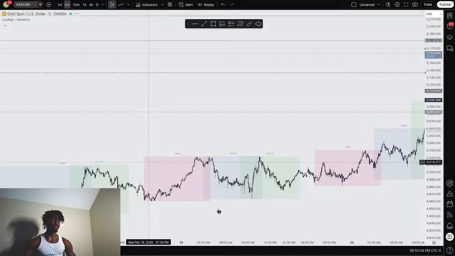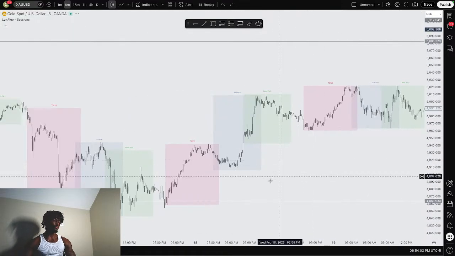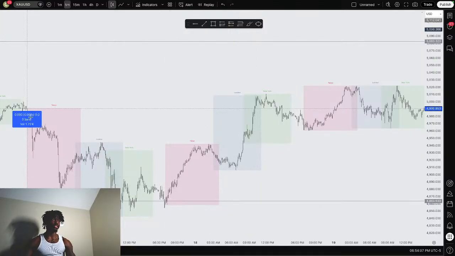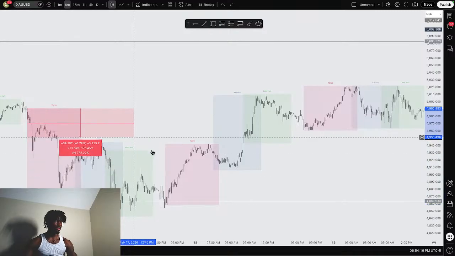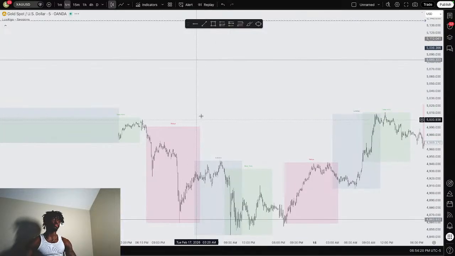Gold moves 200 plus pips every single session. This Asian session, gold moved a lot of pips. That's GA, I'm not focused on GA. Gold moves over 200 plus pips every single session.